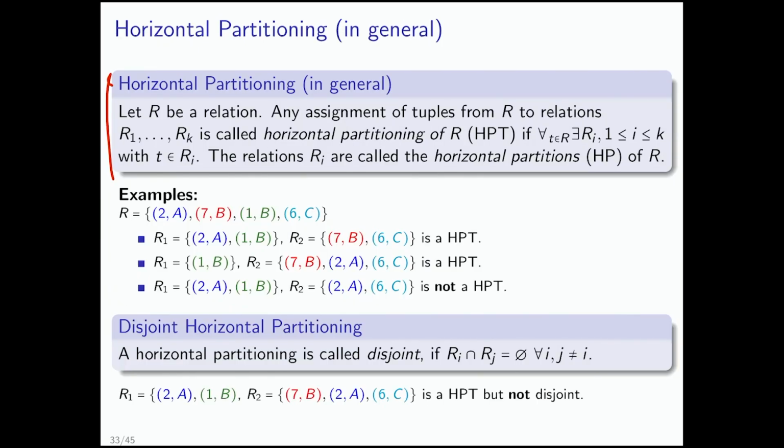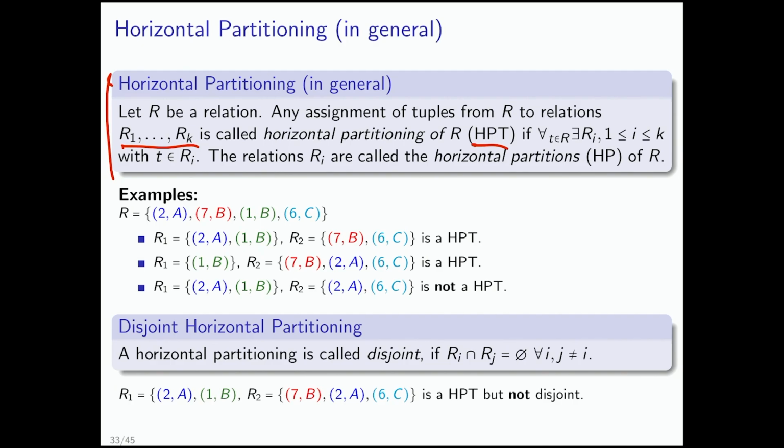So you have an input relation, and then any assignment of tuples from R to relations R1 to Rk is called a horizontal partitioning of R, or for short HPT, if for all tuples in R there exists a partition where that tuple resides. So you're not going to throw away a tuple, you make sure that the tuple ends up in at least one of the partitions.